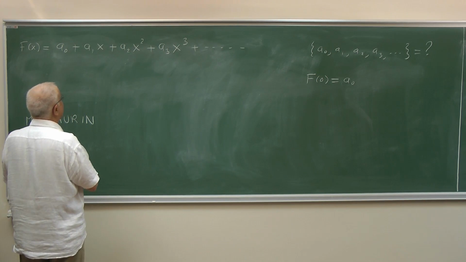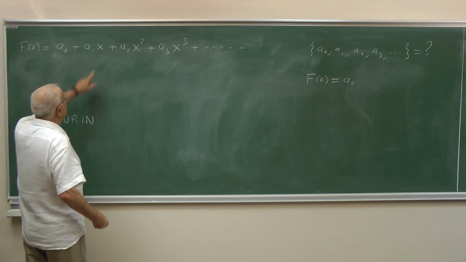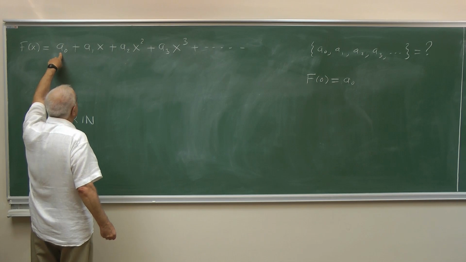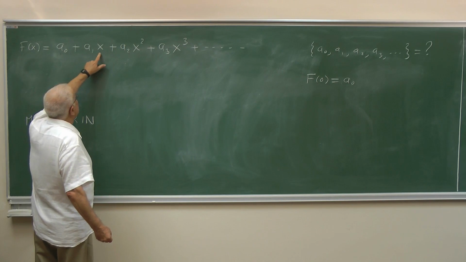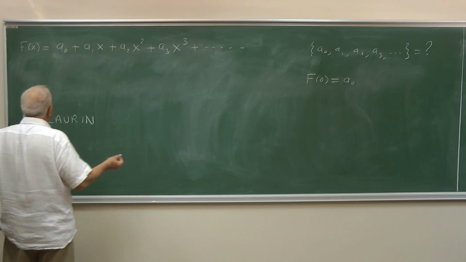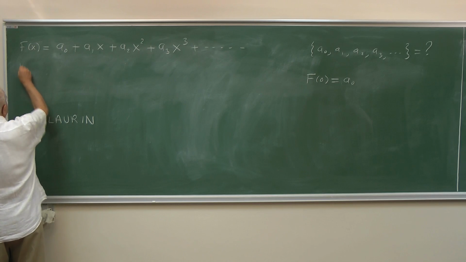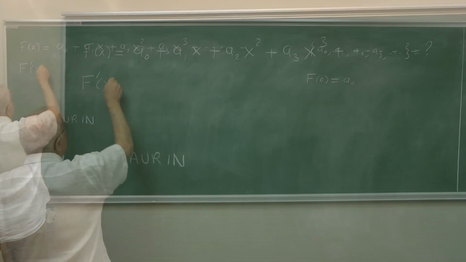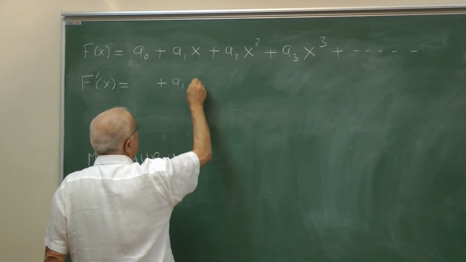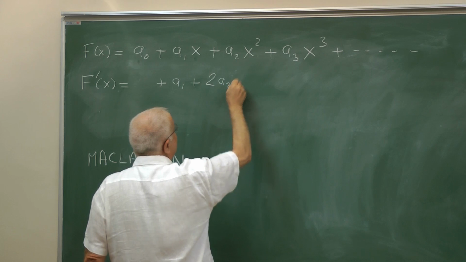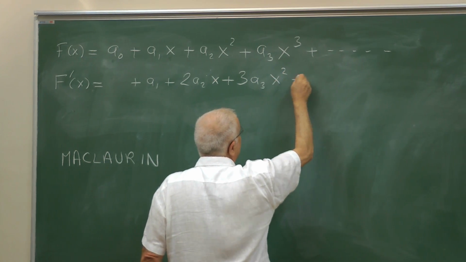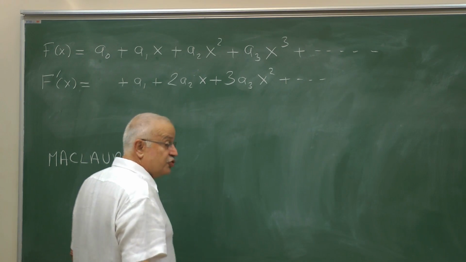How about a1? For a1, I want to eliminate this x, and also I don't want a0 to remain. Why? Because to eliminate this x, if I divide by x, this will be singular. So what's the thing to be done? Let's take a derivative. a0 vanishes. I have a1 plus 2a2x plus 3a3x squared and infinite other terms.